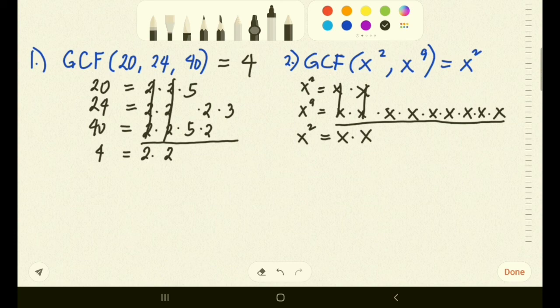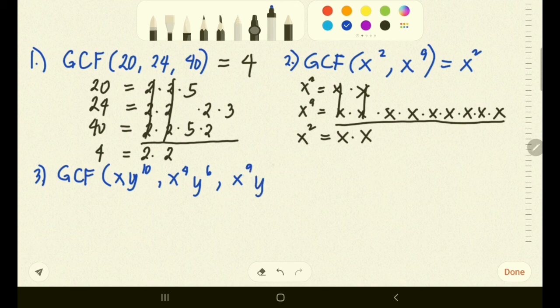Okay. Number 3. For number 3, you are asked here for the GCF of x, y to the power of 10, x to the power of 4, y to the power of 6, x to the power of 9, y to the power of 9, and then y to the power of 10.